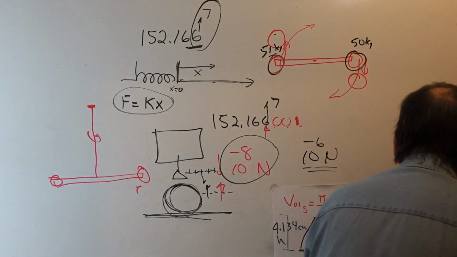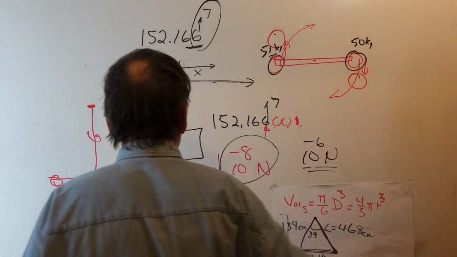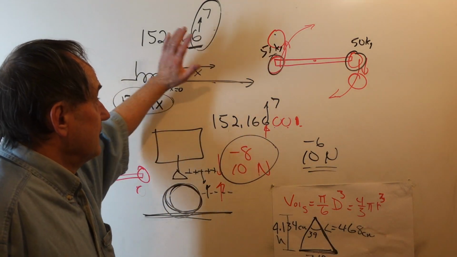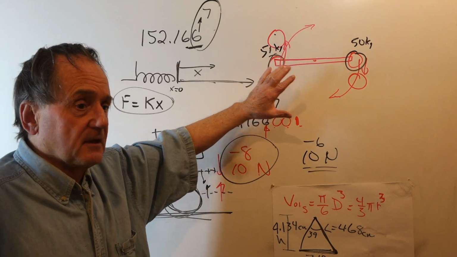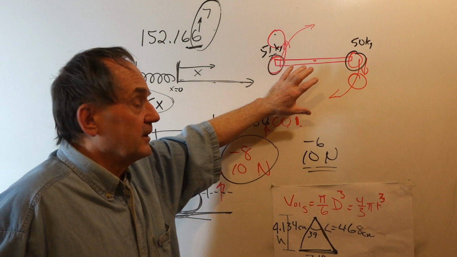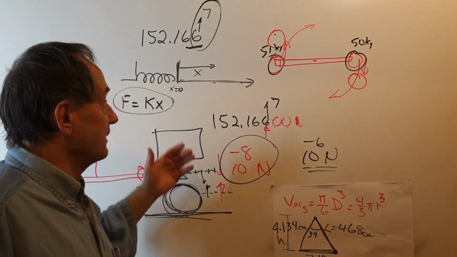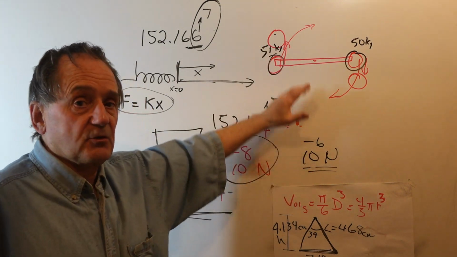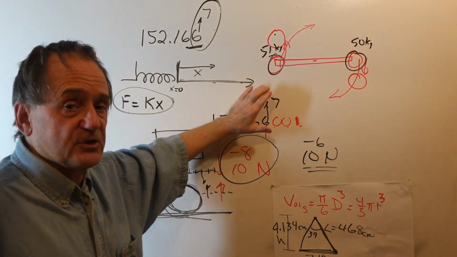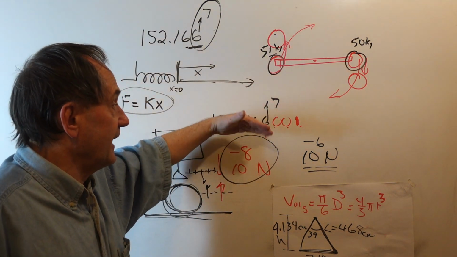So you're kidding yourself if you think you're building this apparatus at home, because it really takes a lot of precision and care to build a Cavendish type experiment apparatus that's going to indicate these force changes of mass attracting mass.